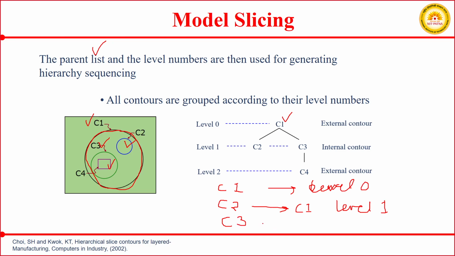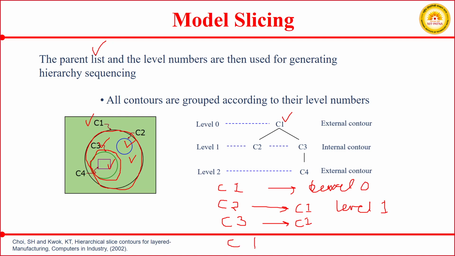Then for contour C3, who is the parent? Any student, can you answer? C2, C1? Only C1 is parent. C2 is independent of C3, so only C1 is parent.